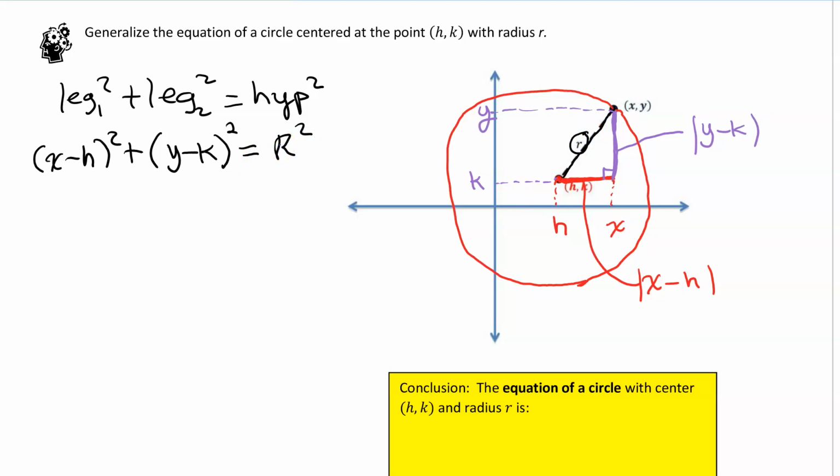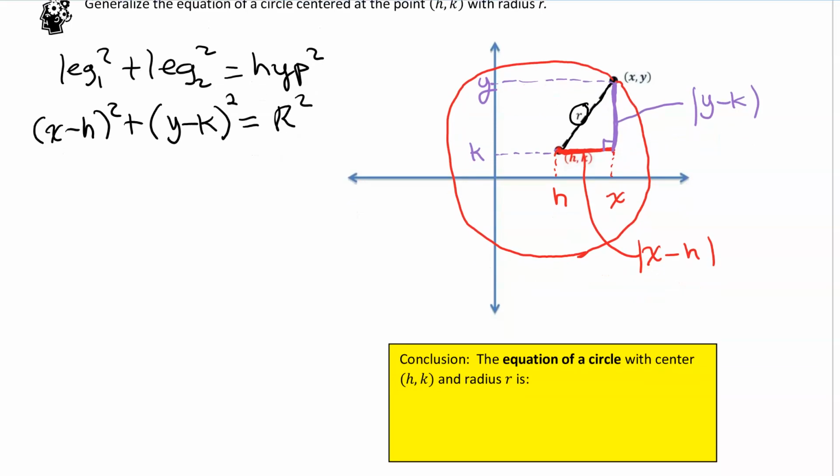So again, given any circle with center of HK with radius r, the equation is x minus h square plus y minus k square equals r square. Why does it work?